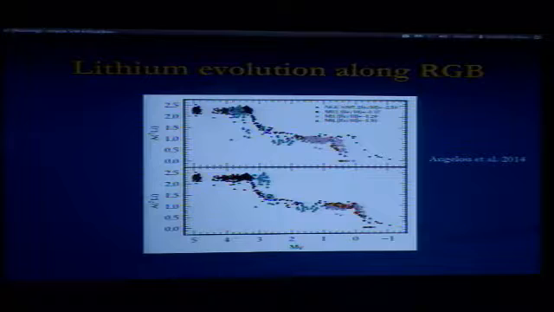When this happens, there is no barrier for mixing, and the result is that there is a drop in the lithium because lithium is brought to regions where it is burnt. Lithium is easily burnt at temperatures of the order of 2 million Kelvin.